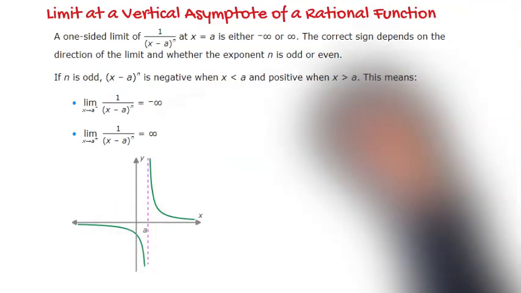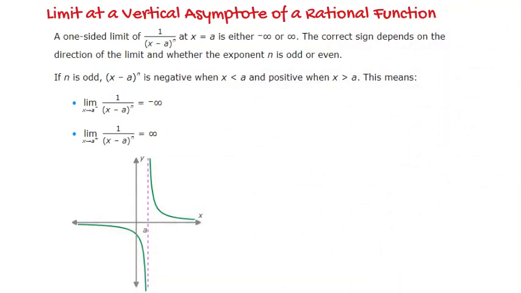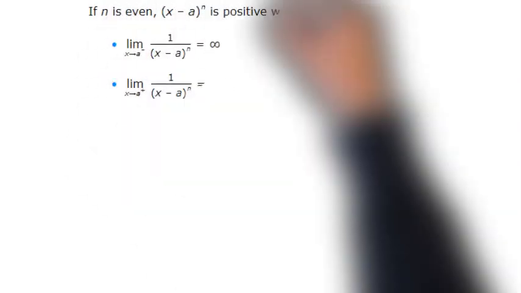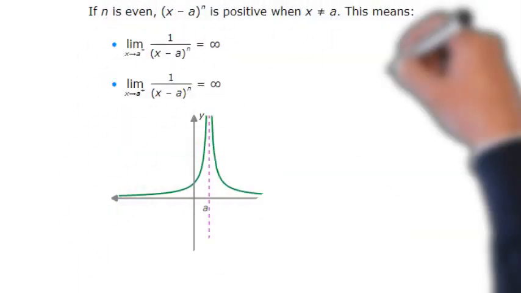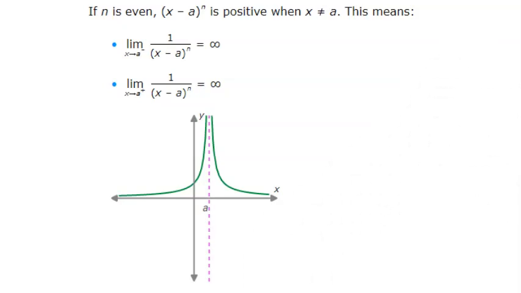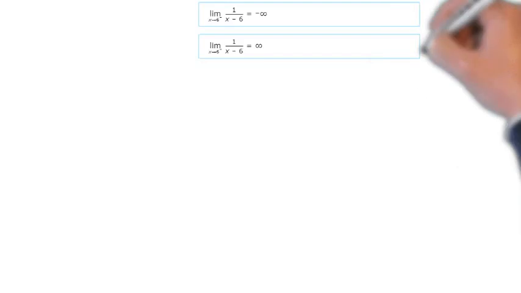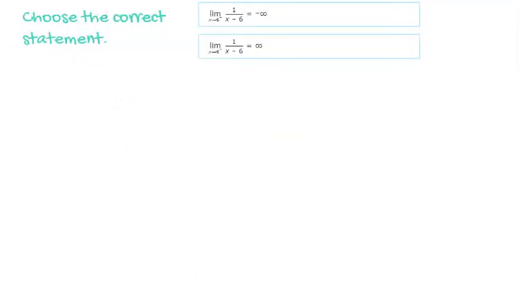This shows the direction of the limit when the exponent is odd. And this shows when the exponent, n, is even. Choose the correct statement.